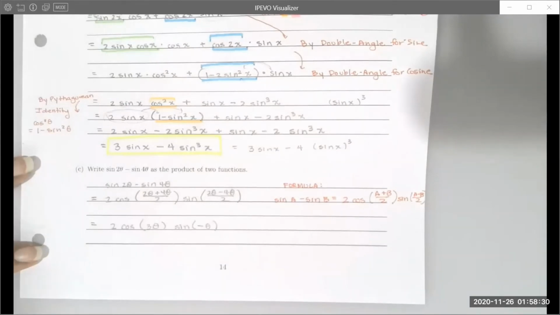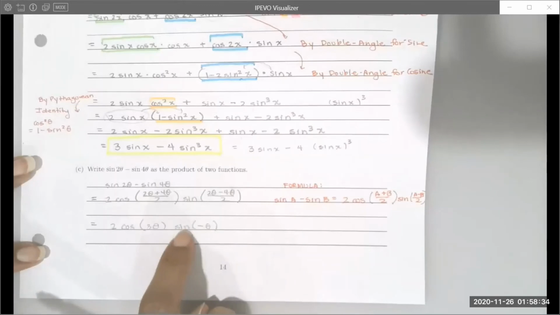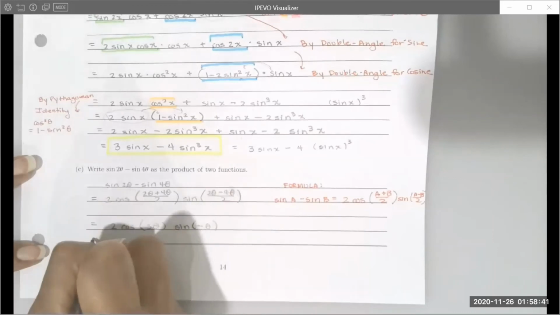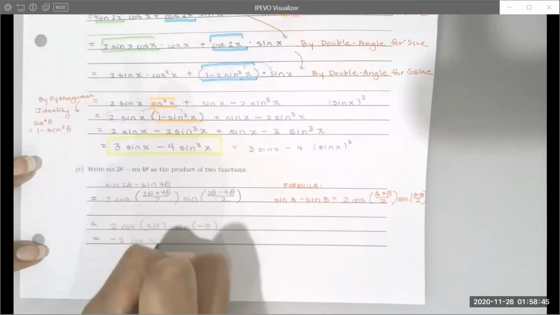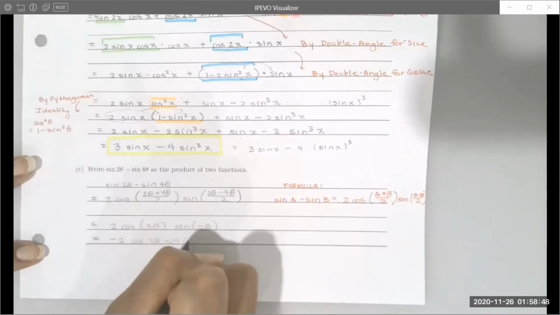And then finally, we saw in the previous problem, sine is an odd function, so we can bring the negative outside, all the way to the front. And so it'll be a negative 2 cosine 3 theta times sine of theta.